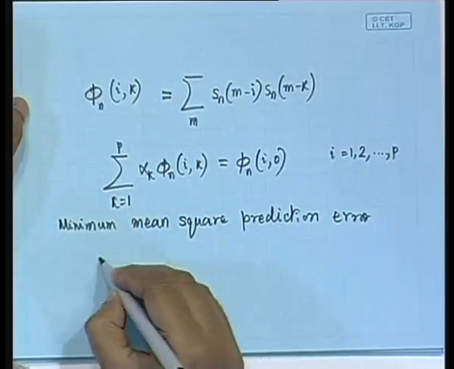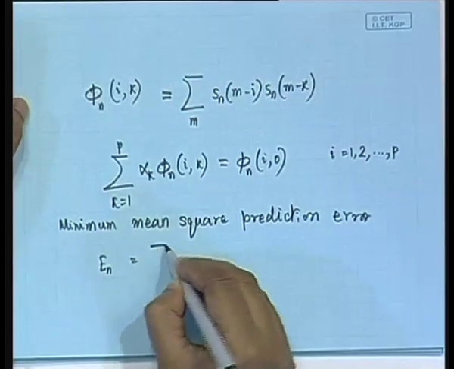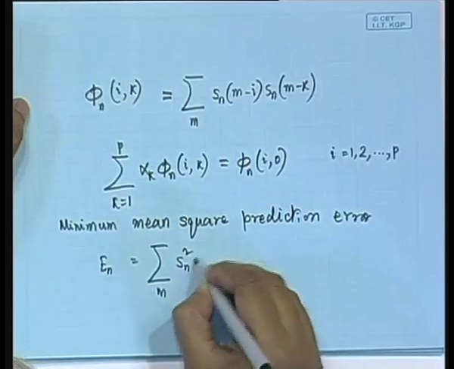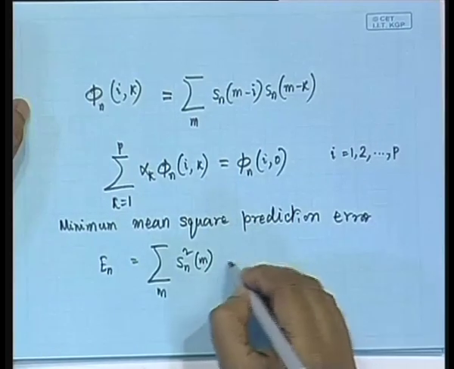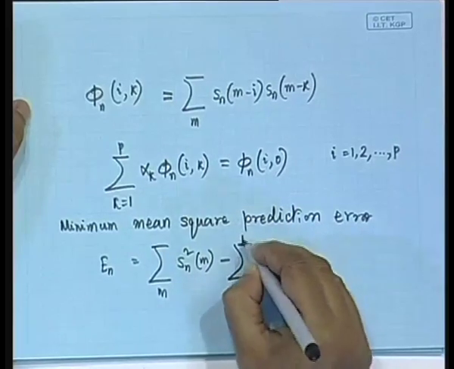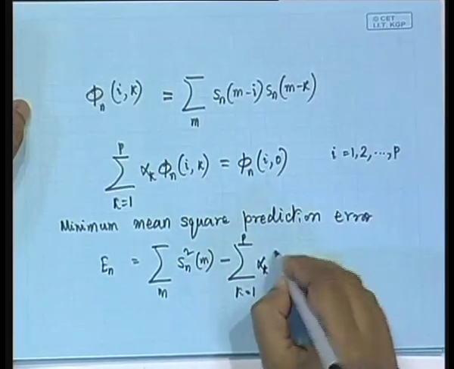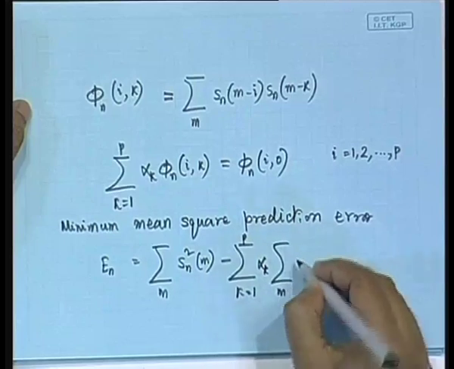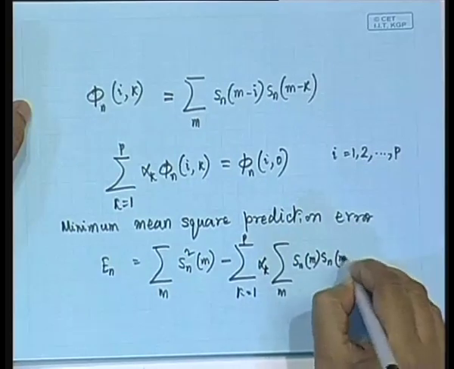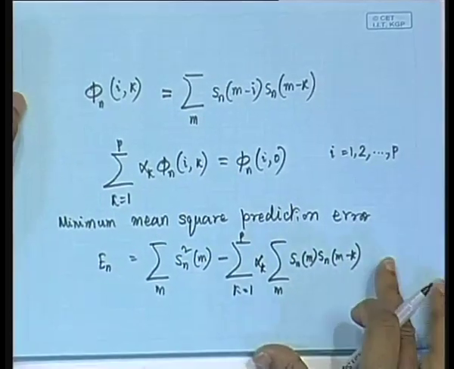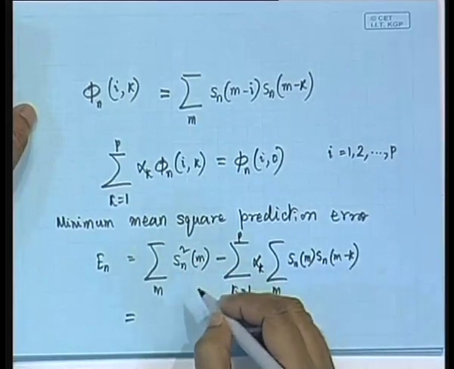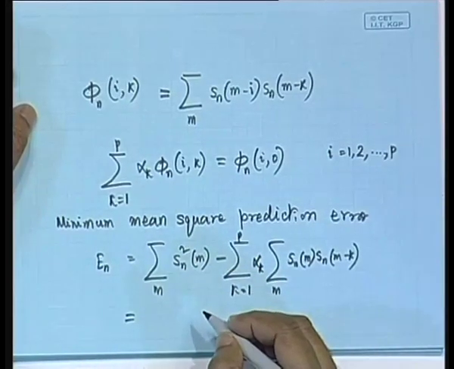This will be given by En, which is equal to the summation over m of Sn square(m), minus summation k equal to 1 to p of alpha k times summation over m of Sn(m) Sn(m minus k). Now how can we write Sn square(m) in terms of phi?